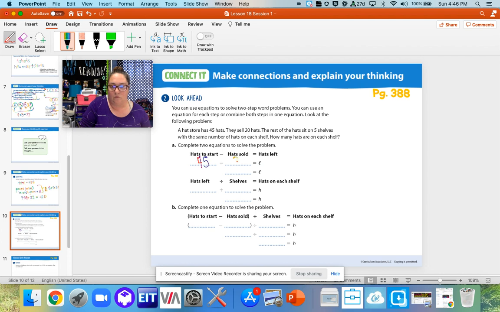We sold 20 hats, and that tells us how many hats we have left. So we have 25 hats left. Then we have the number of hats left, which is 25, divided or shared equally on 5 shelves, which gives us 5 hats on each shelf.